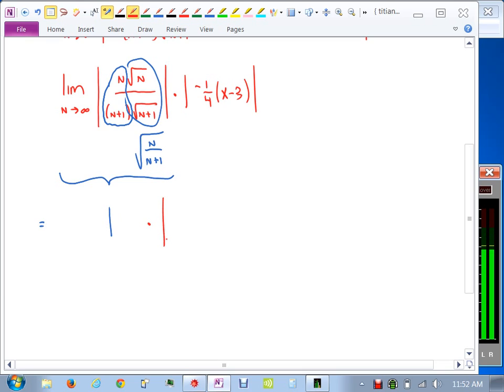One of the biggest mistakes on the test was using the comparison test when a sub n was not greater than 0. If you're going to compare two sequences, you have to have that they were both positive. And a lot of people were using the comparison test when a sub n wasn't always positive. I think it was sine n over n.